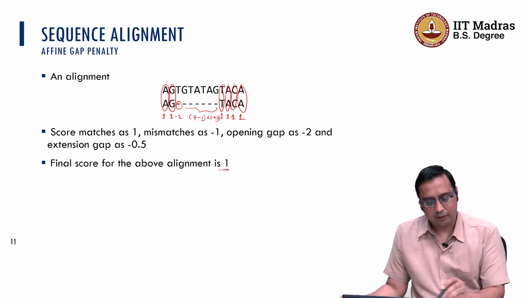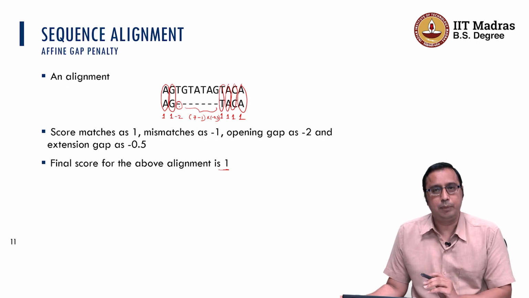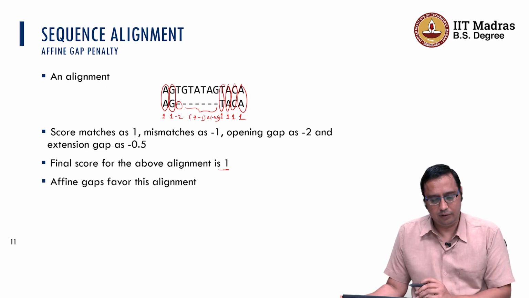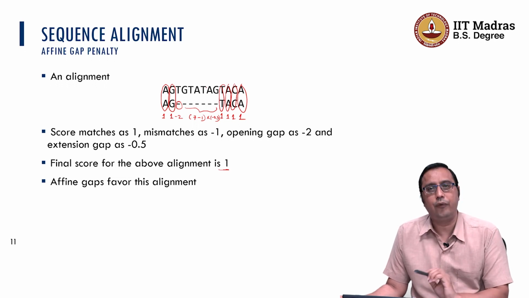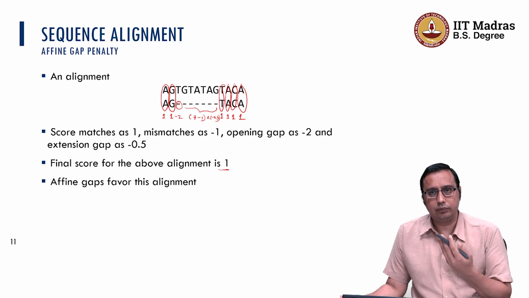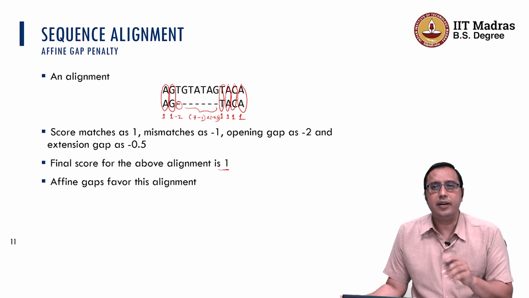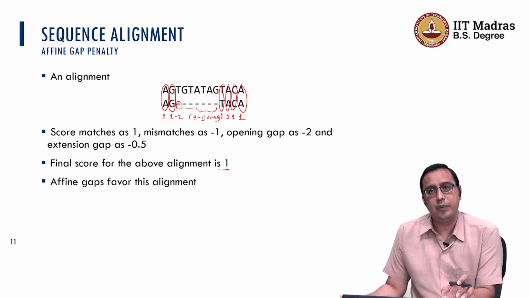And this particular alignment makes more biological sense, because it's possible that this particular part of the sequence is indeed removed. So affine gap favors this kind of alignment instead of the constant gap penalty, which was actually giving several intermediate gaps, while in affine gap penalty we get a gap which is successive.